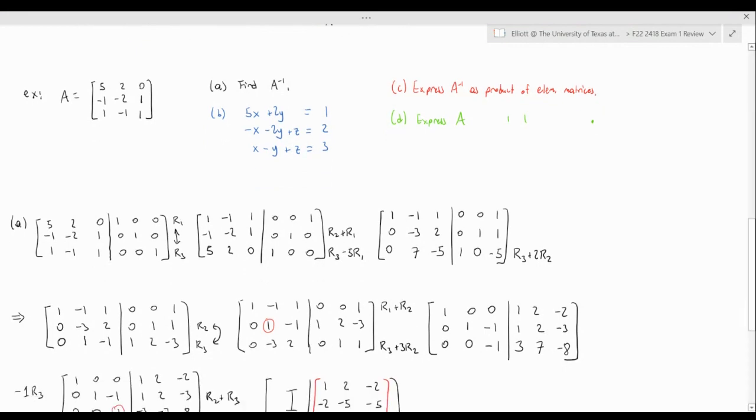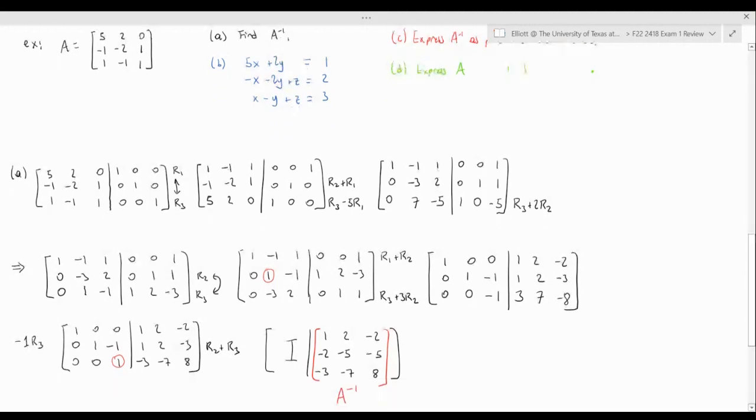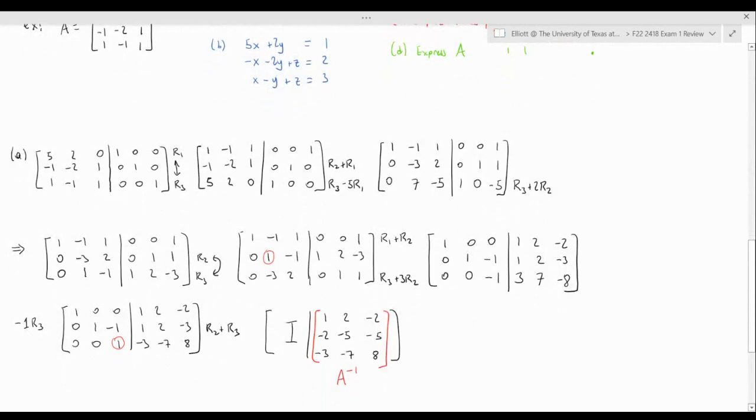So let's talk about what's going on with C and D, okay? So all of the row operations that we performed have a corresponding elementary matrix. So for this first row operation where we did a row swap, we swapped row 1 and row 3.